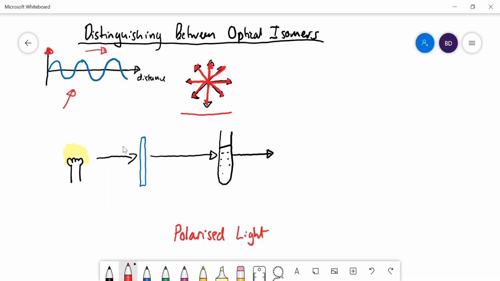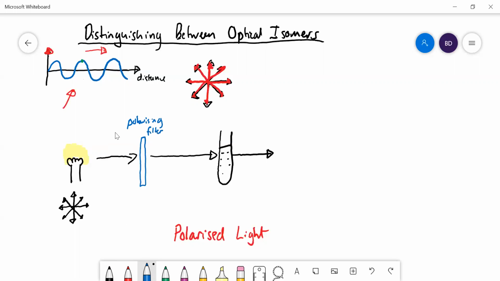Light made by a light bulb is like this. Right down here is a light bulb, and we've got vibrations at every possible angle. All the vibrations. Now, the light from here is going to go through a filter called a polarizing filter.